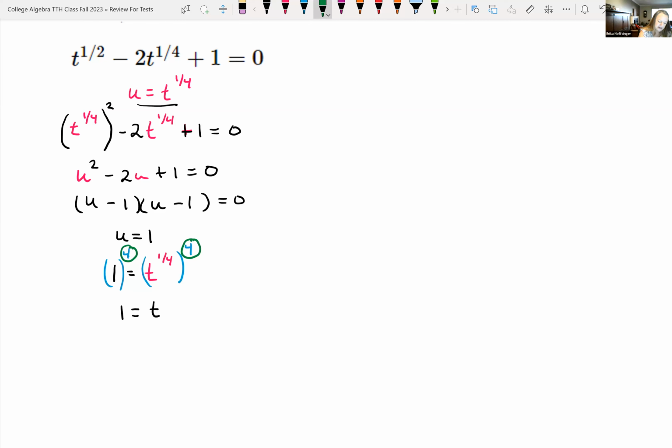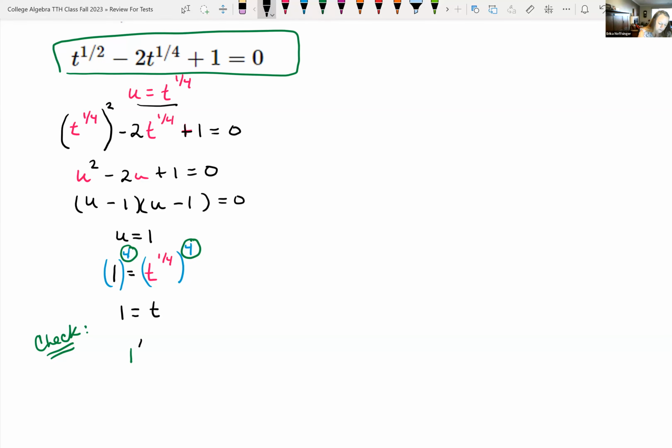So let's check our solution. Going back into my original equation, is this true? Is 1 raised to the 1/2 power minus 2 times 1 raised to the 1/4 power plus 1 equal to 0?